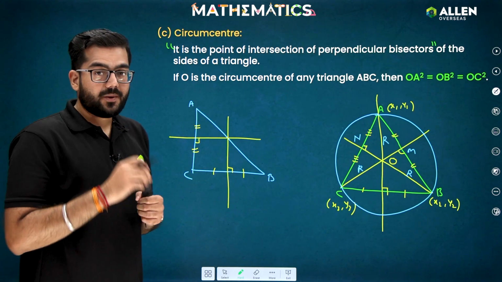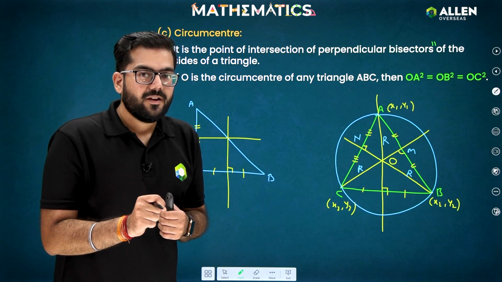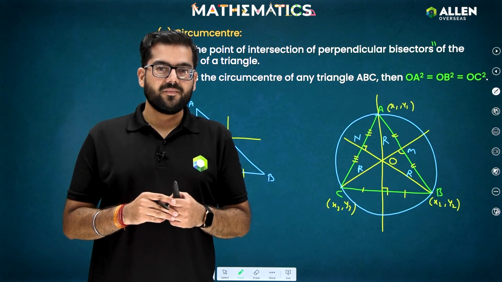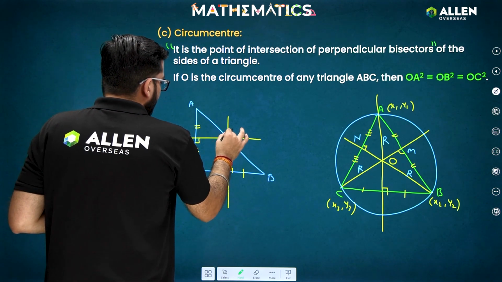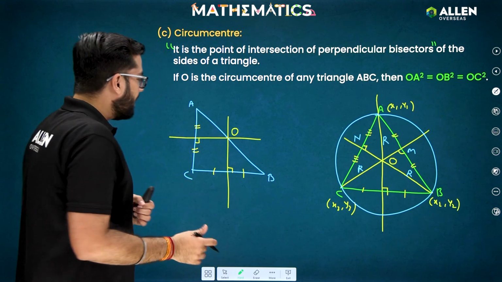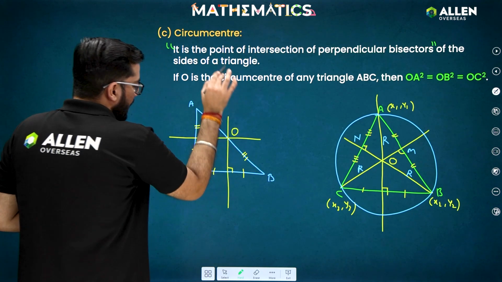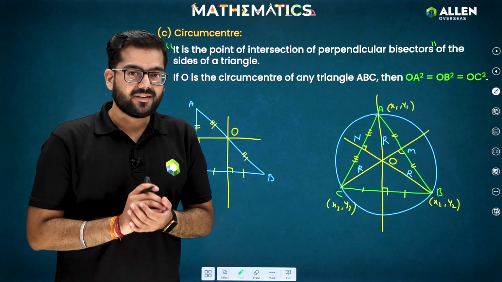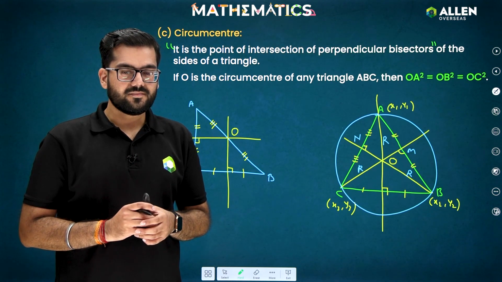Now, according to the definition of circumcenter, the point of intersection of perpendicular bisectors is known as the circumcenter. That means the circumcenter in the case of the right angle triangle is here, and you know that it would be the midpoint of AB, because this is the perpendicular bisector on each side of the triangle.